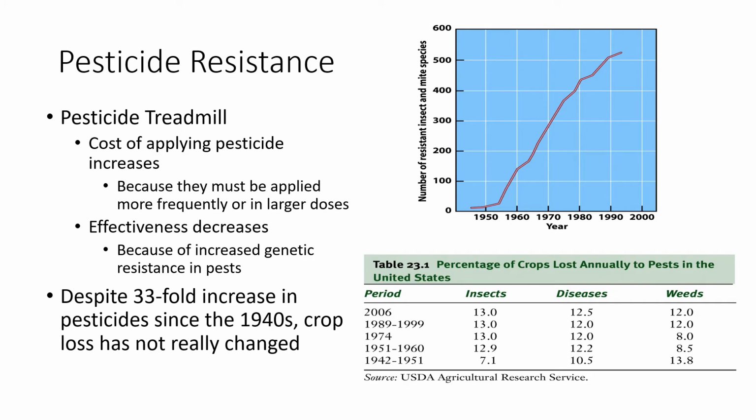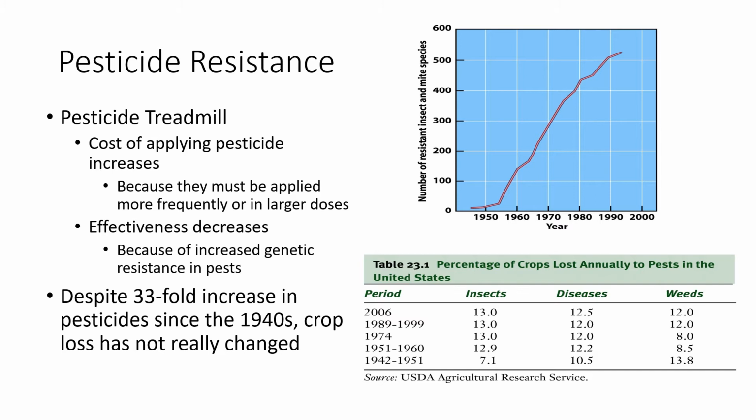So the cost of applying the pesticide increases because you need those larger doses and you need to apply more in order to put them on. And so the effectiveness just keeps decreasing. And so if you look at the graph on the right, you can see that the number of resistant insect and mite species has increased like crazy.